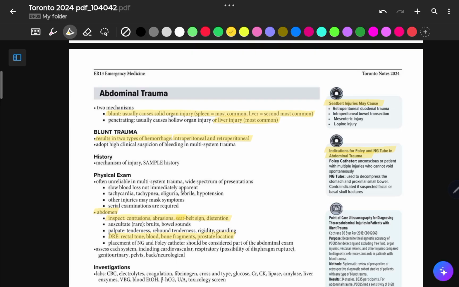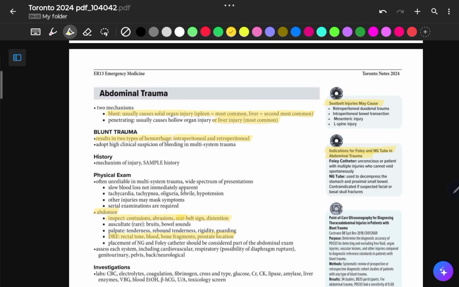Always get the mechanism of injury and then the history: medical history, the drugs they're taking, all of that. Then you do a physical exam, which is often unreliable in multiple system trauma. There is a wide spectrum of presentation.